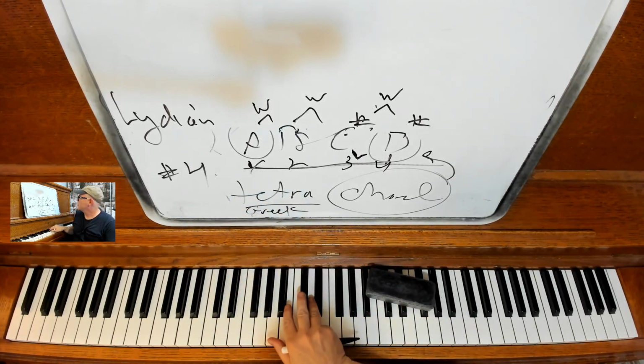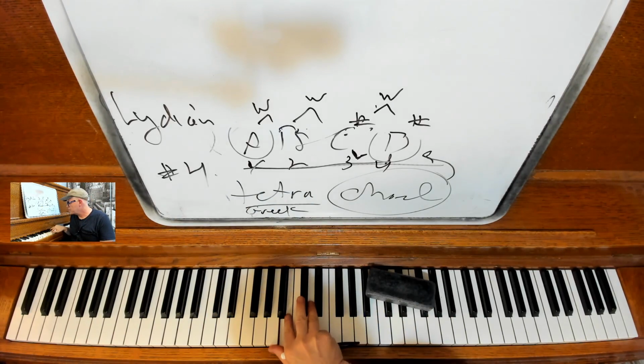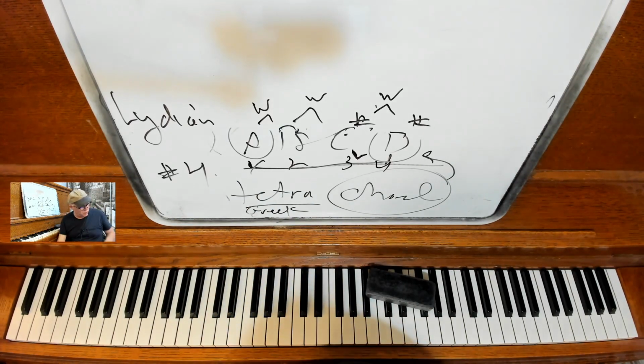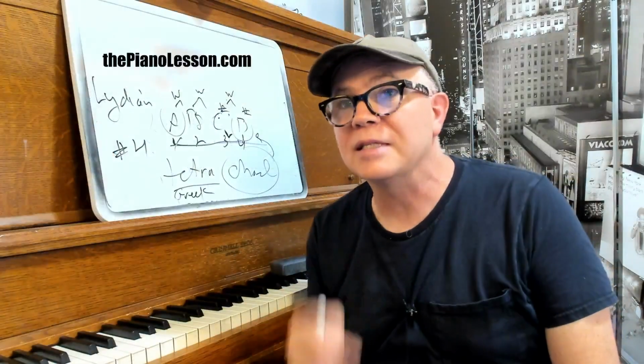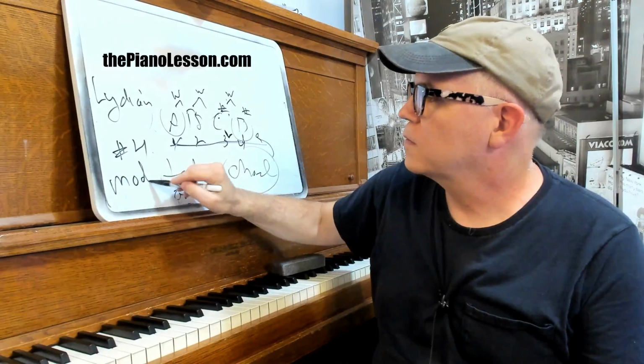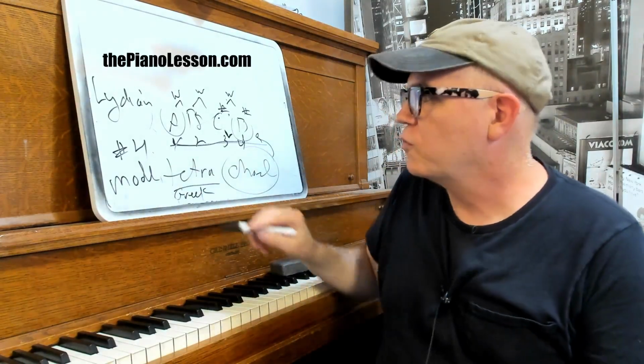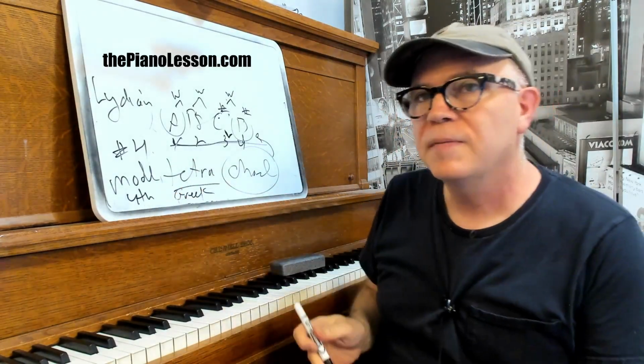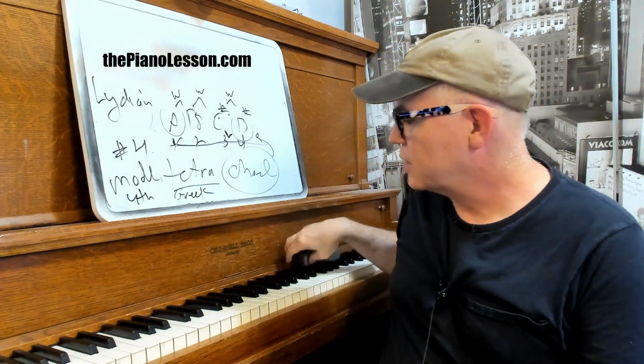And if you're making an A major scale, A, B, C sharp, D, if you raise the fourth note, that becomes Lydian, all right? The Lydian mode. So that's the fourth mode in the series of diatonic modes.